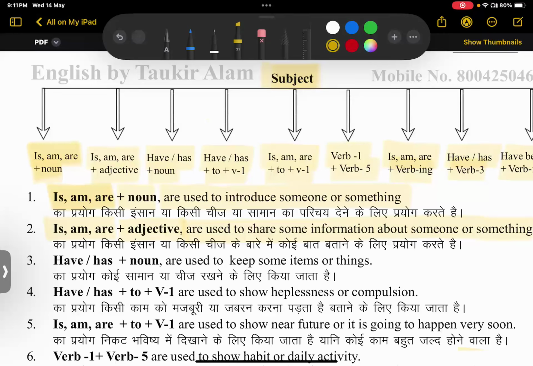That information may be good or bad, no problem. But if you want to share any information about someone or something, then you will use is/am/are plus adjective. Adjective means some words like good, bad, intelligent, laborious, miser. These are adjectives. These are used to share some information about someone or something.